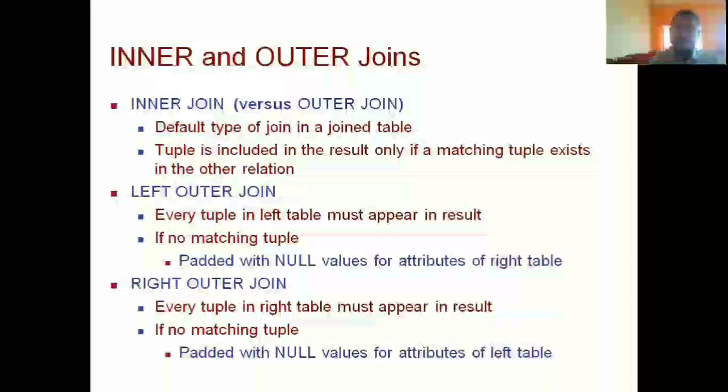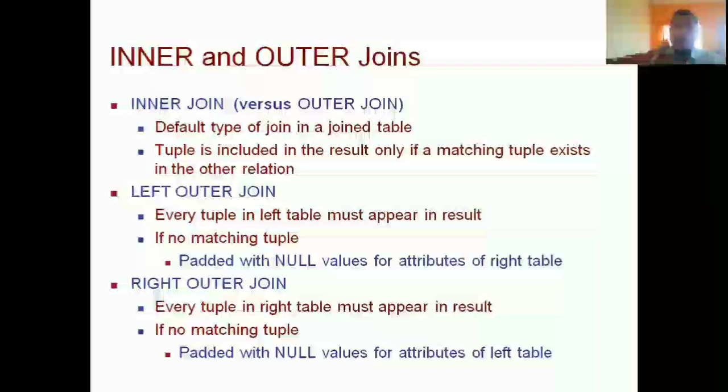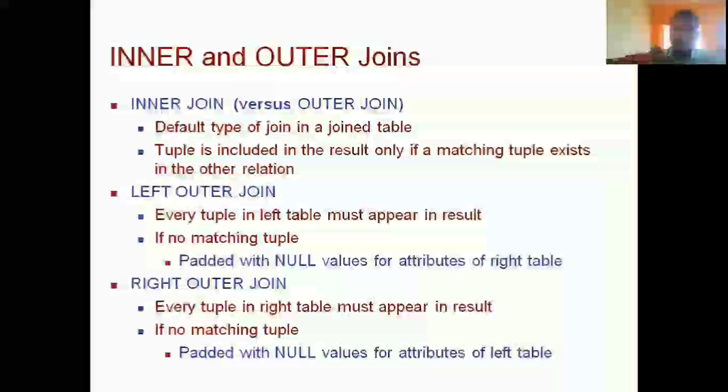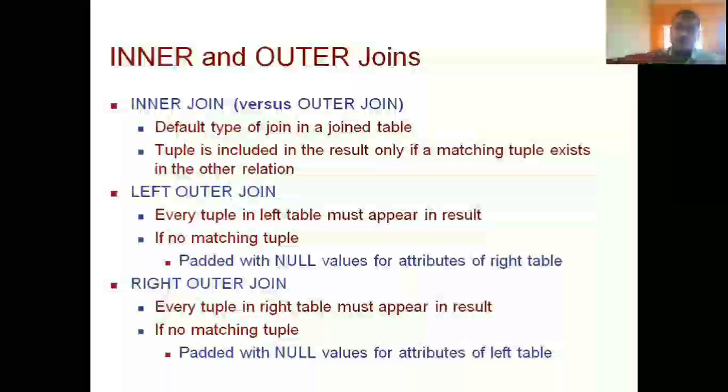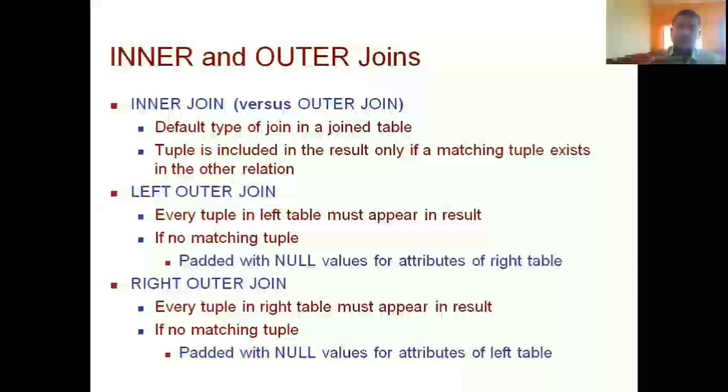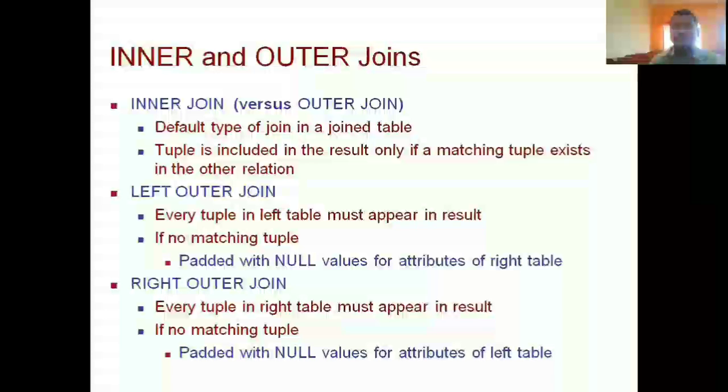For example, table 1 is joined with table 2; whatever tuples table 1 has should be related to table 2. This is the most important point for the inner join.